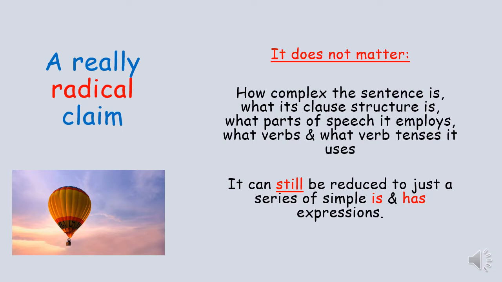In practice, it doesn't matter in the slightest how complex the sentence is, what its clause structure is, what parts of speech it employs, what verbs and what verb tenses it uses. It can still be reduced to just a series of simple is and has expressions.